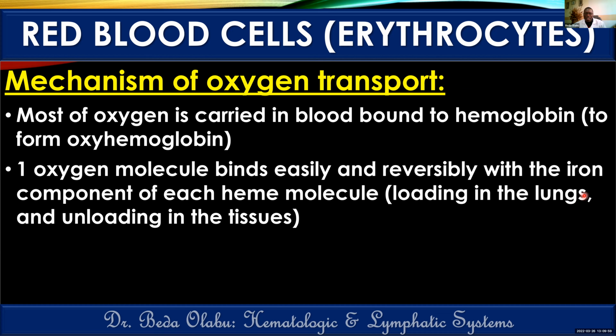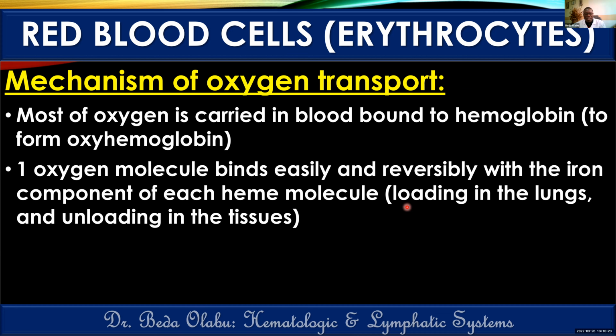In the lungs where the oxygen levels are high, usually the hemoglobin will bind with that oxygen easily. And that is why we say that loading of oxygen occurs in the lungs. So the blood becomes loaded with oxygen.